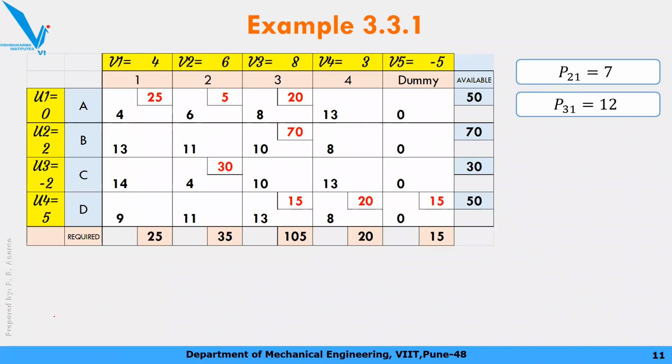I'll write it in a clear way. So this is the cost at that location. So the penalty at row number 4, column number 1 equals 9 is the cost, 9 minus the corresponding u, that is 5, plus the corresponding v, that is 4.